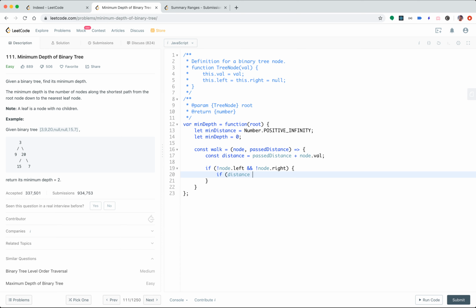If the distance is smaller than min distance, min distance equals distance. Min depth equals past depth.